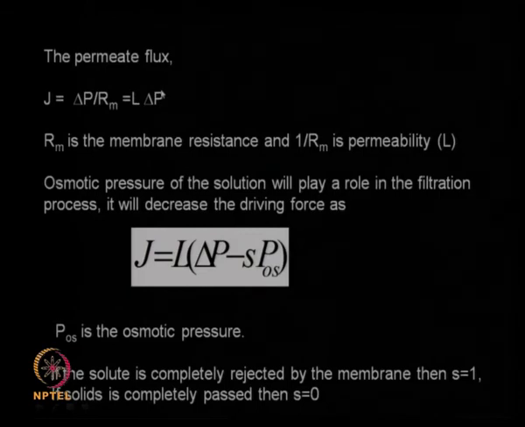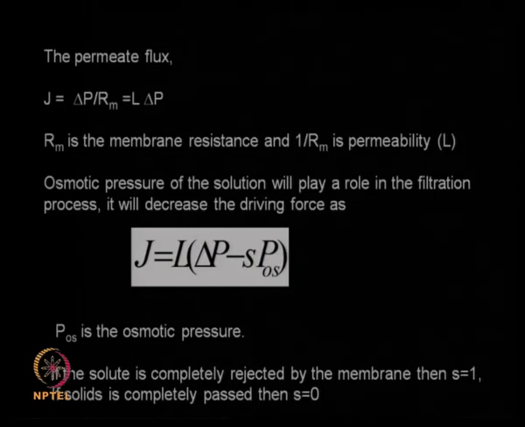Now, of course, osmotic pressure is also going to play a role. Osmotic pressure will reduce the flux, that is, it will decrease the driving force. Do you understand? So, you are filtering and there is an osmotic pressure because the permeate has a very low concentration of your solute.